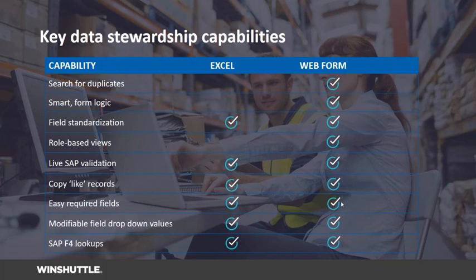And by the way, if they are required in SAP, you don't have to do anything special to make them required. That's built in. But if your business process requires something that's not required in SAP, you can certainly make those fields required. And modify field drop-down values. We saw that in the Excel, and we also saw that on the form, where we can have a shorter list than what's in SAP. And of course, that SAP F4 lookup, we saw those as well in both places.